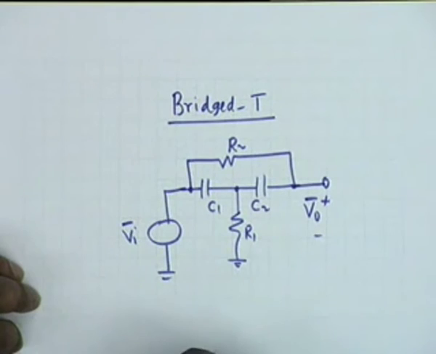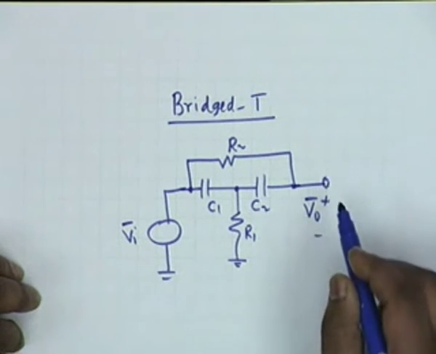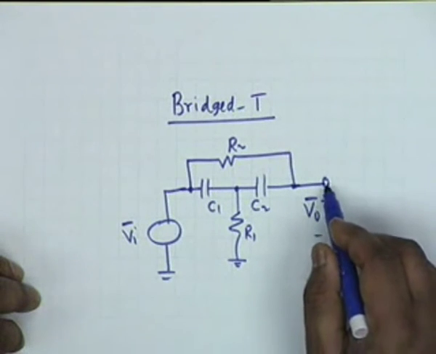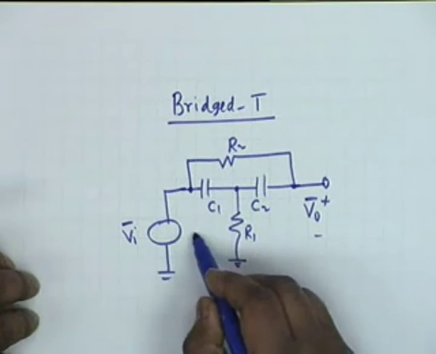Now, how do you analyze this circuit? What is the best method? I can do it by loop. How many loop equations shall I have to write in this particular case? 3 or 2? If this is left open, then only 2. If there is a load here to ground, then 3. Agreed. But now there are only 2 loops.